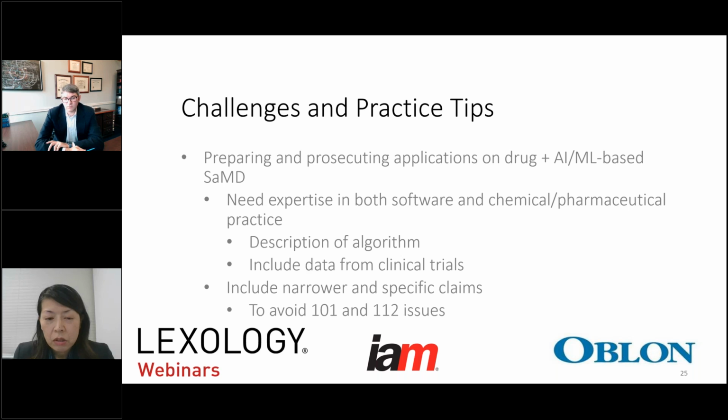And of course, if you are using very unique processes, like you have trained the neural network in certain ways, you used different layer structures, you have done some interesting pre-processing or post-processing of the training data, things like that, you want to describe it, or at least you want to have some examples in the specification, like in the chemical practice.